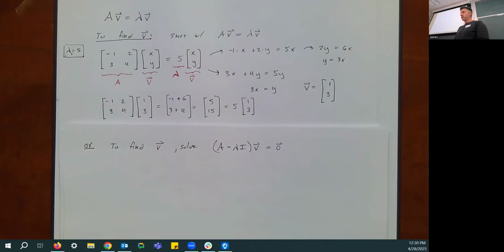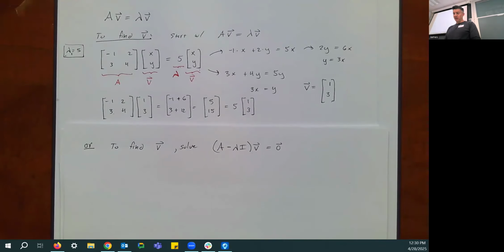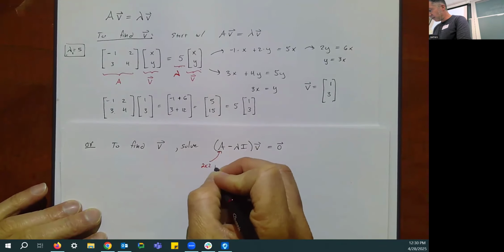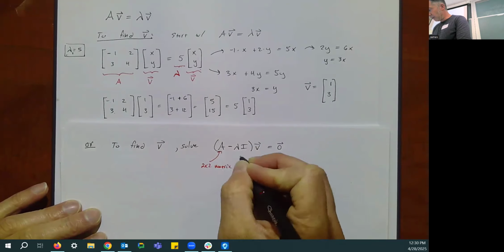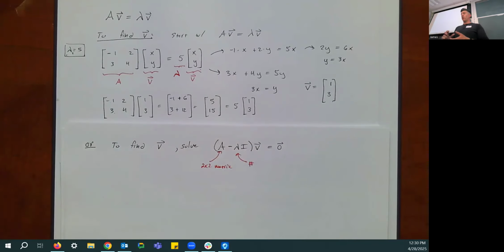I can't just say it's A minus lambda because A is a 2 by 2 matrix and lambda is just a number. So to make that subtraction work, I say, oh, it's A minus lambda times the identity matrix. And then I'm doing a 2 by 2 matrix minus another 2 by 2 matrix.